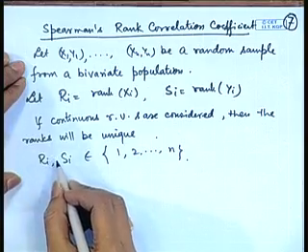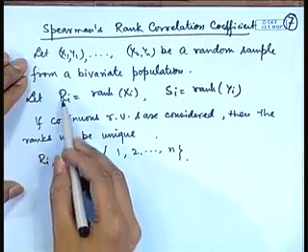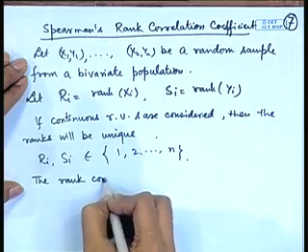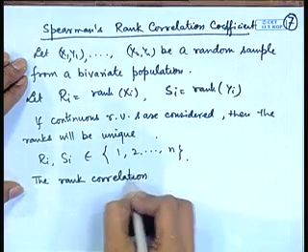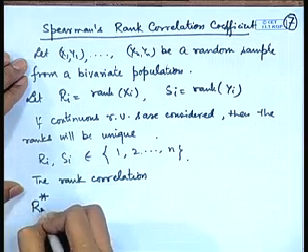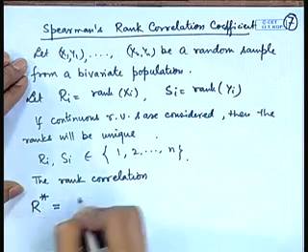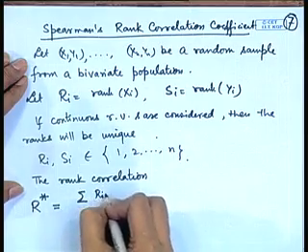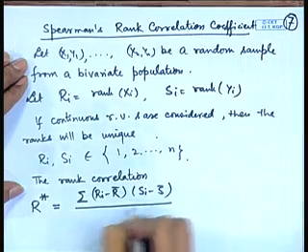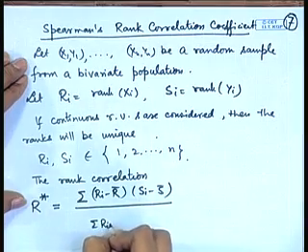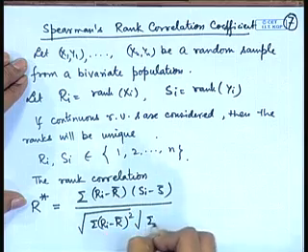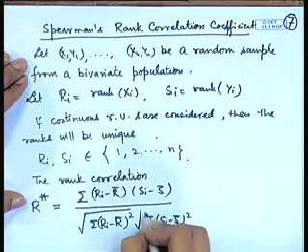If we want to calculate the correlation coefficient between ranks here, I will give a notation, say R star, because R we used for the Karl Pearson correlation coefficient. So, this will be sigma (Ri minus R bar)(Si minus S bar) divided by the square root of sigma (Ri minus R bar) square times sigma (Si minus S bar) square.